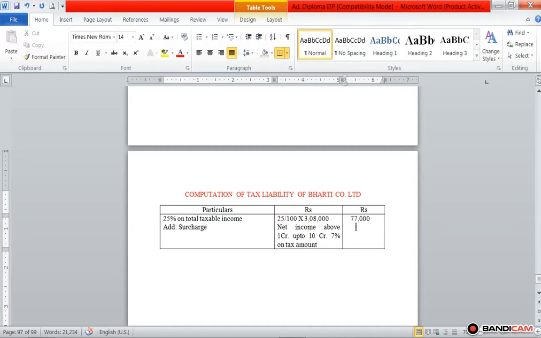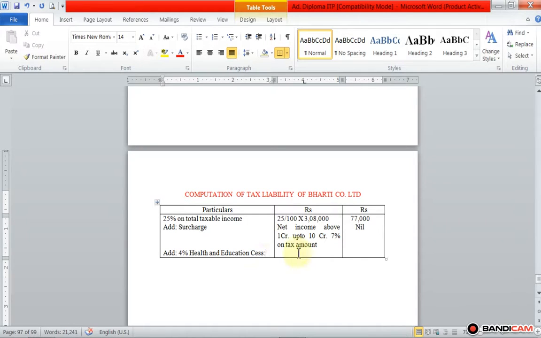Another condition is given. So here our net income is below 1 crore, so surcharge is not applicable to this company. Then add 4% health and education cess.